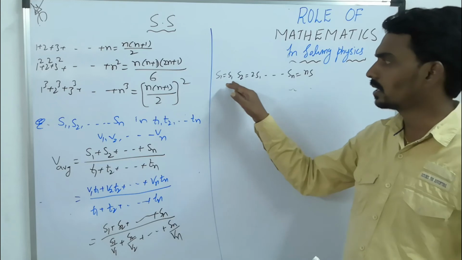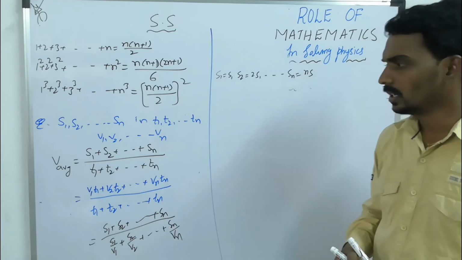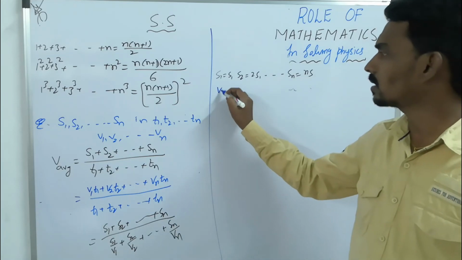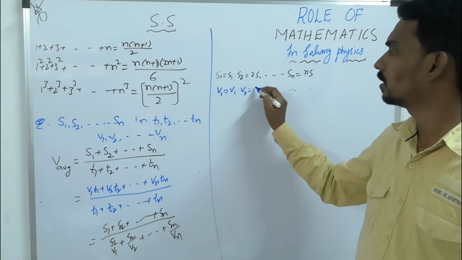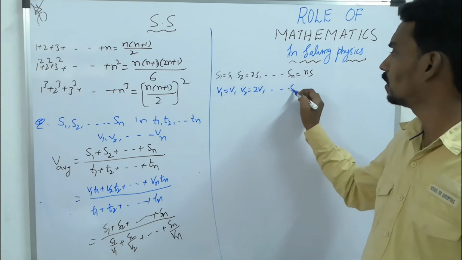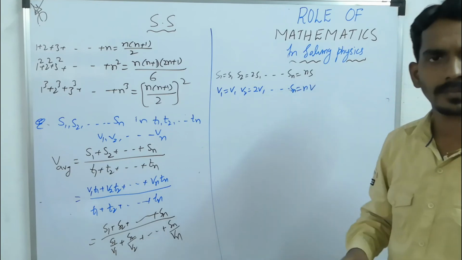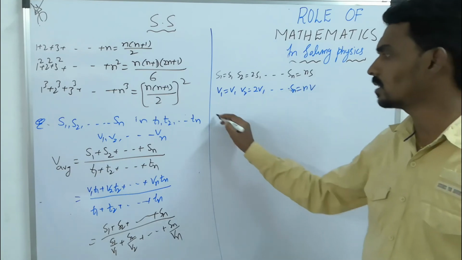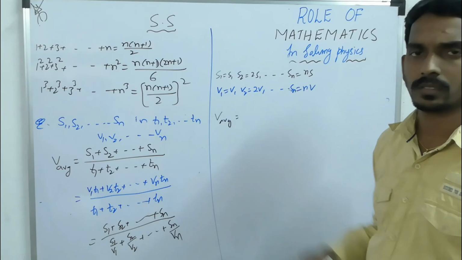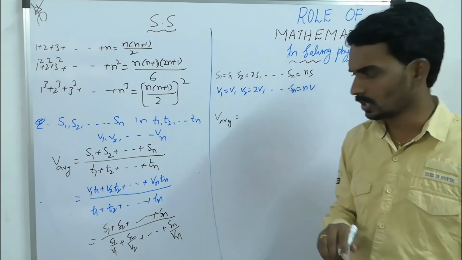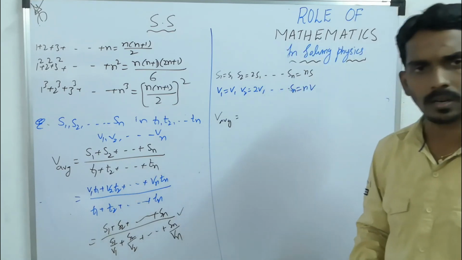These are the distances covered, with velocities v, 2v, and so on up to nv. Then what is the average velocity they are asking? They have given s and v values, so immediately you can go for this formula.